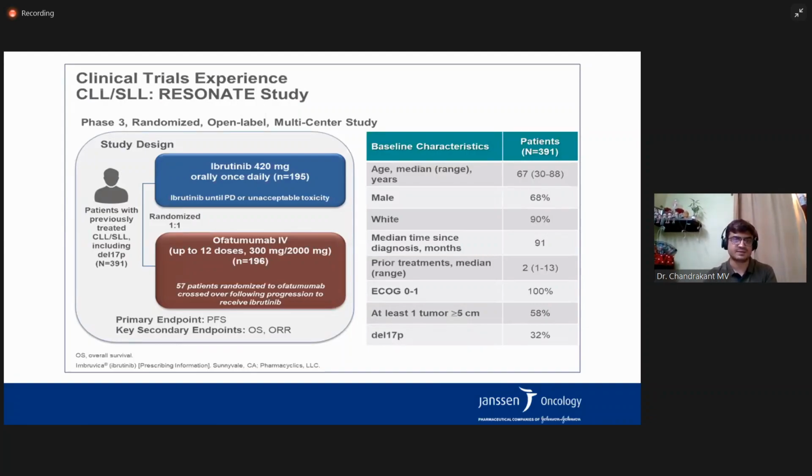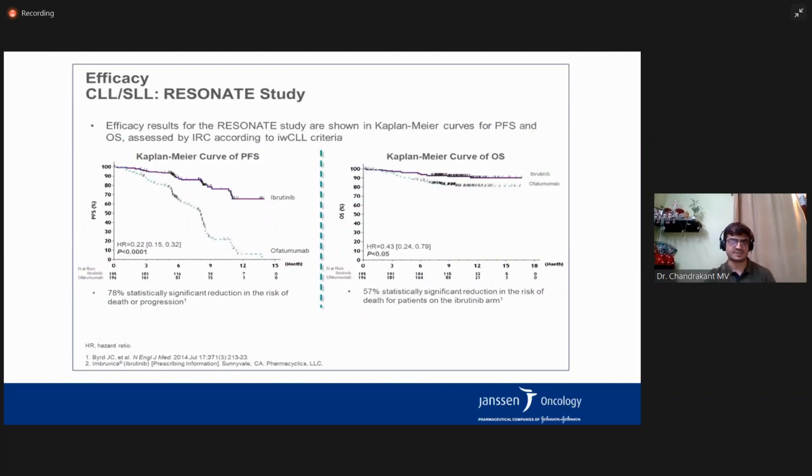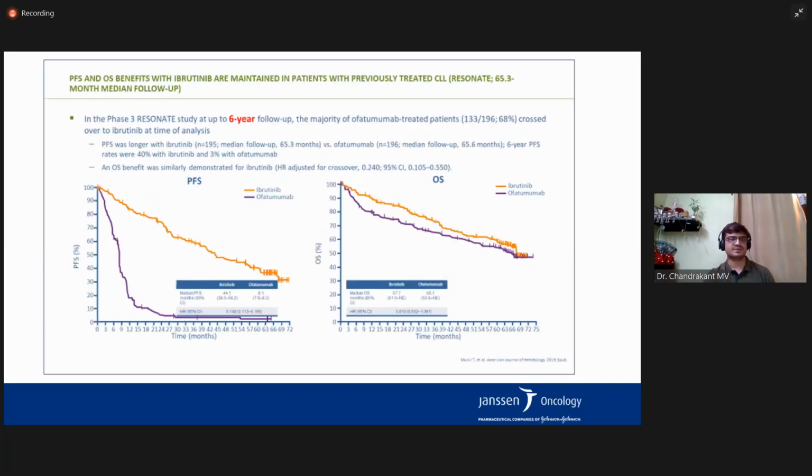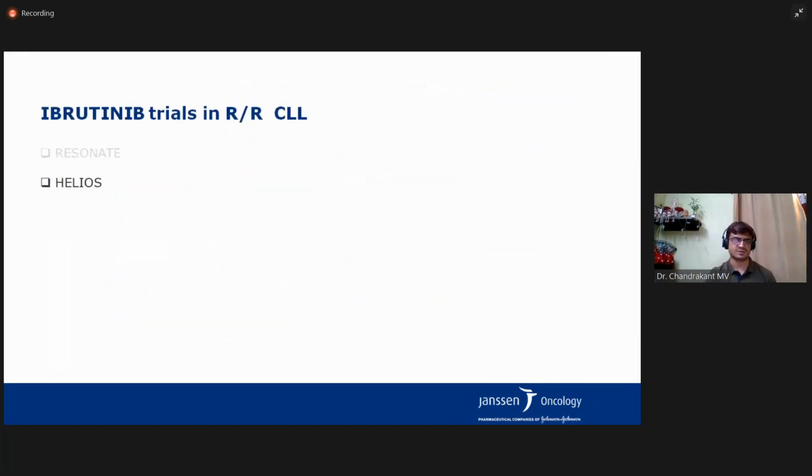This was a phase 3 randomized trial in the relapsed refractory setting, with around 190 odd patients in each arm, baseline characteristics well matched, and again the study met its primary endpoint with a better PFS and also better overall survival. Impressive hazard ratios were there. And then at the 6-year follow-up, you can see that in the RESONATE study, ibrutinib did better in terms of progression-free survival and overall survival.